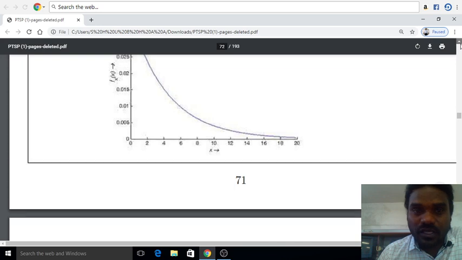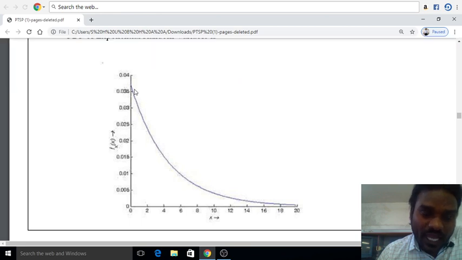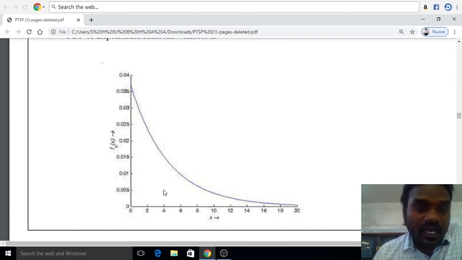Here, one particular thing is that the value of the probability density function keeps decreasing with respect to the value of x, so this exponential function is named a decaying exponential function.